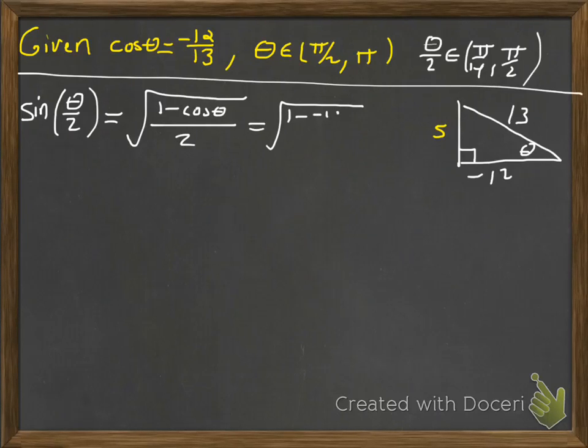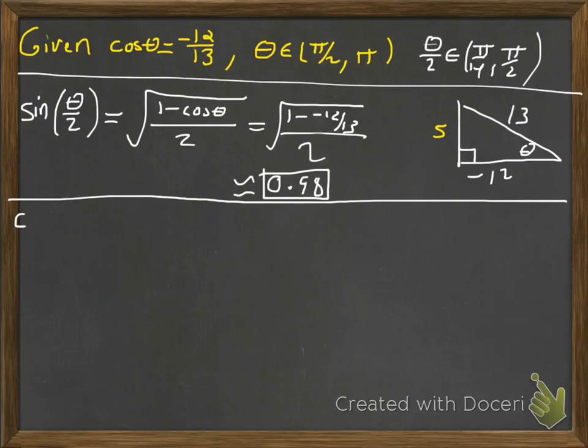So it's going to be 1 minus negative 12 over 13, all over 2. And that's going to give us about 0.98 for that ratio of sides. So what that tells me is the sine of pi over 2 is 1. This tells me that we're pretty close to pi over 2 here with this triangle.